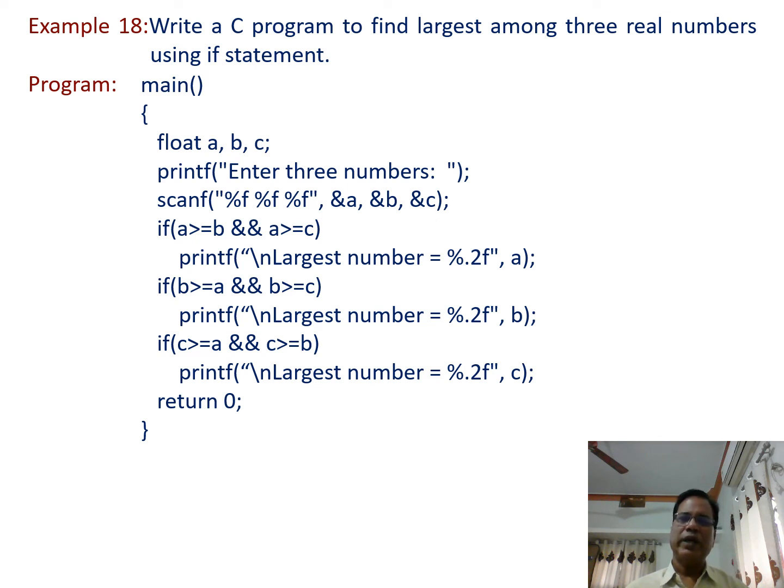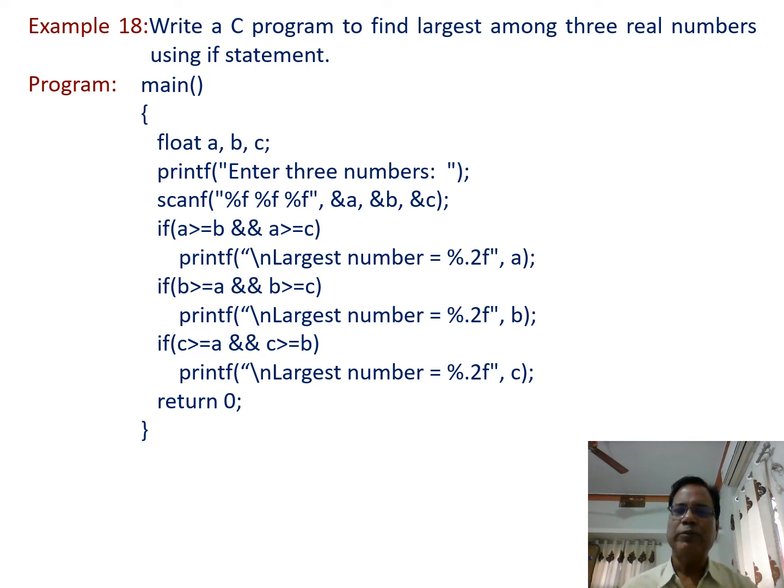Naturally here the condition is going to be true, because c is compared with a and b using the relational operator greater than or equal to. So we print the output as largest number equal to the value of c.